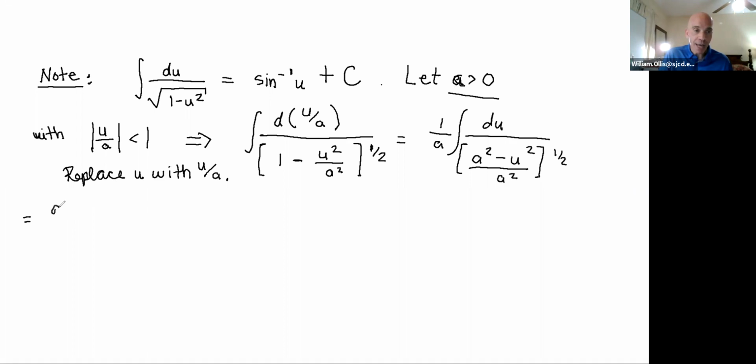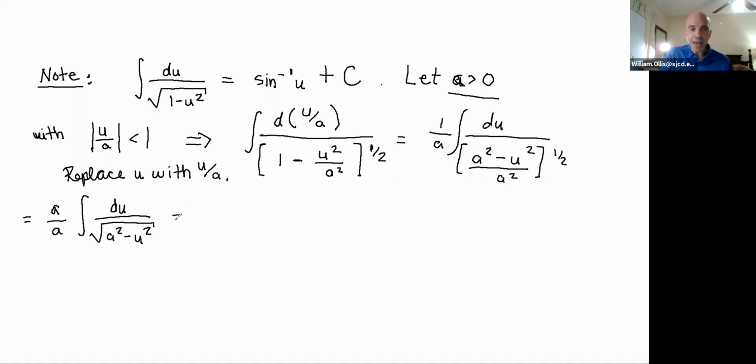So basically, we have a/a times the integral of du, so that the a's are going to absorb. And students always get bothered by that, because in the other formulas they don't, and they always forget this, but that's what makes this formula easy.